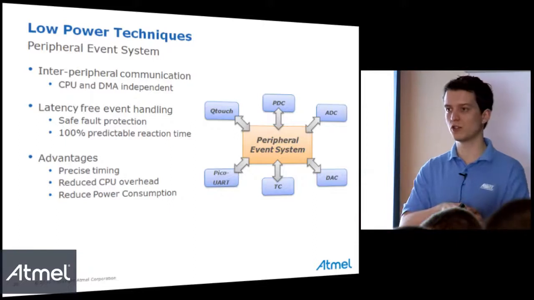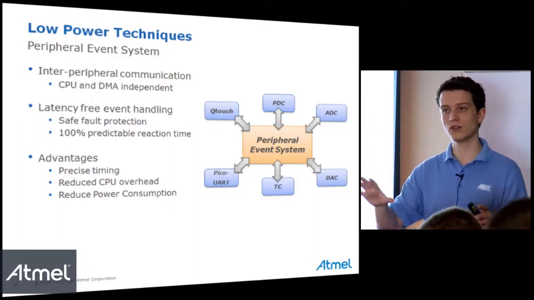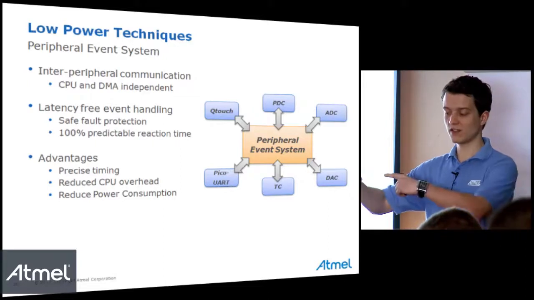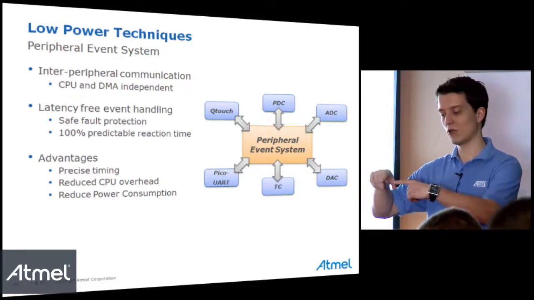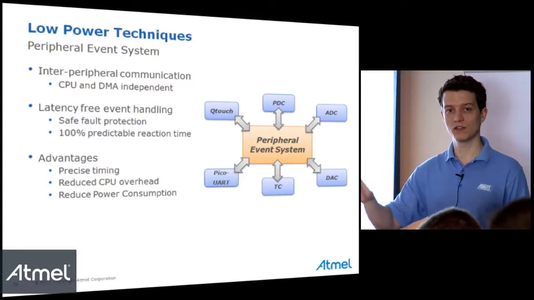As soon as you push the button, it sends an event to the timer counter. It will activate the generation of the sampling frequency. Then this generation will send an event to the ADC. The ADC will perform its conversion.